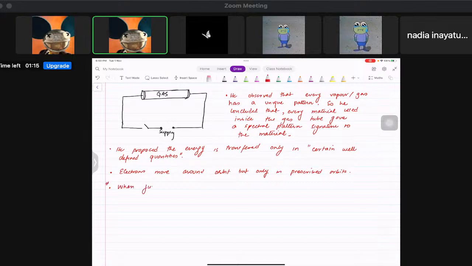When jumping from one orbit to another with lower energy, a light quantum is emitted.